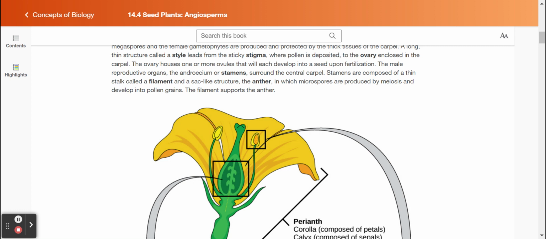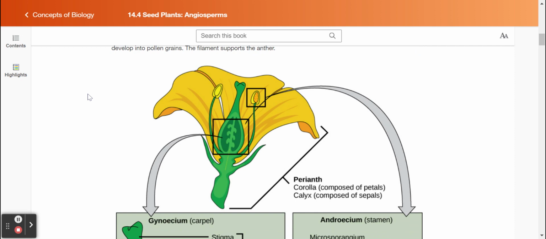The male reproductive organs, the androecium or stamens, surround the central carpel. Stamens are composed of a thin stalk, called a filament, and a sac-like structure, the anther, in which microspores are produced by meiosis and develop into pollen grains. The filament supports the anther. This is Figure 14.25, parts of a flower.